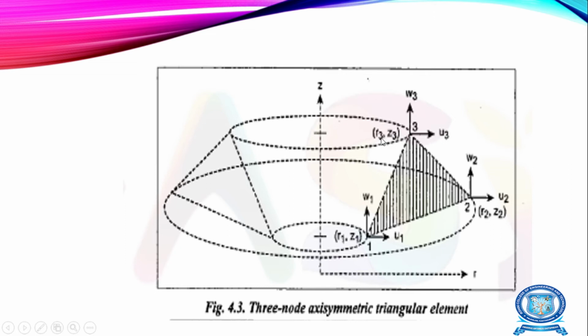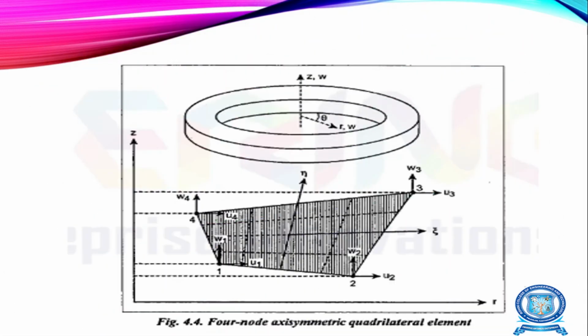So the axis is about r comma z. So this is a 3-noded axisymmetric triangular element.